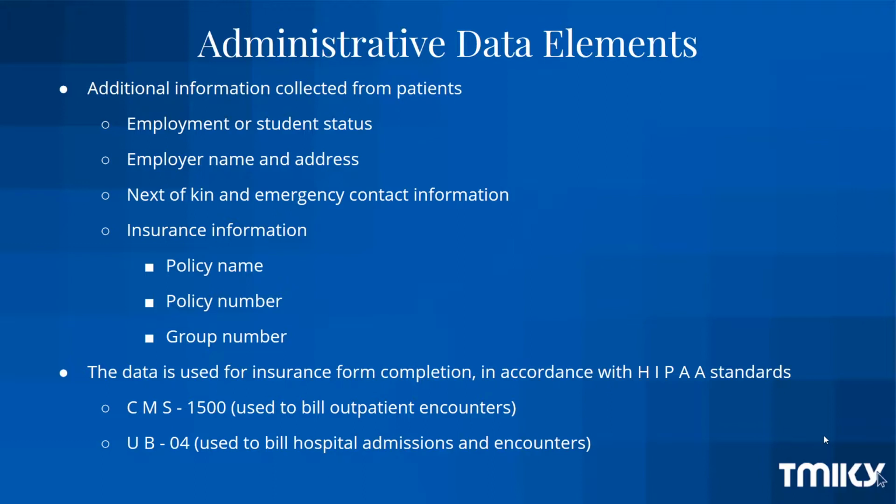This data is used for insurance form completion in accordance with HIPAA standards such as the CMS 1500, which issues a bill for outpatient encounters, and the UB04, which is used to bill hospital admissions and encounters.